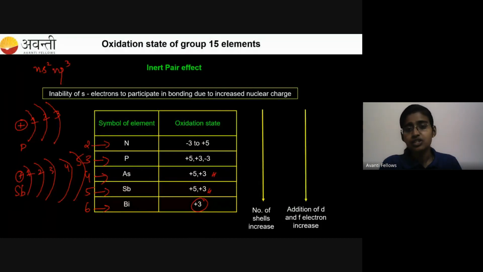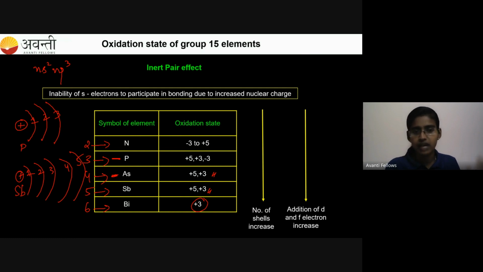The addition of d electrons and f electrons also increases on moving down the group. Because before arsenic only, we have the d block elements starting. Right. So the d orbitals will be filled only for the elements just before arsenic, not before phosphorus or nitrogen.